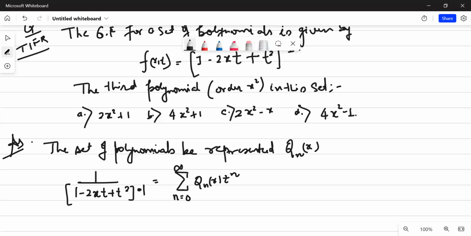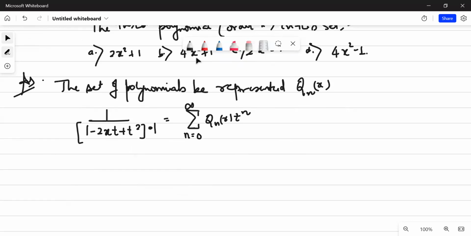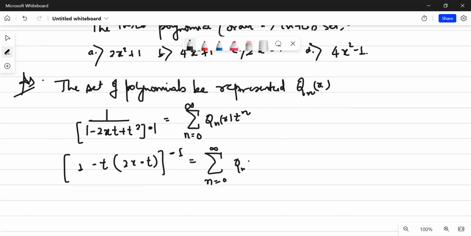Okay, so what we can do is take something common out from here. Let's say I take t common out, and then I have 2x minus t, and this whole is to the power minus 1.